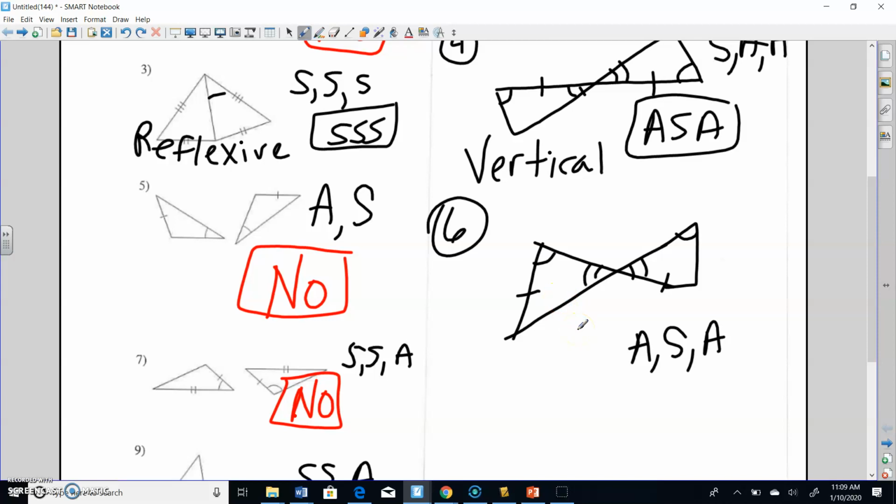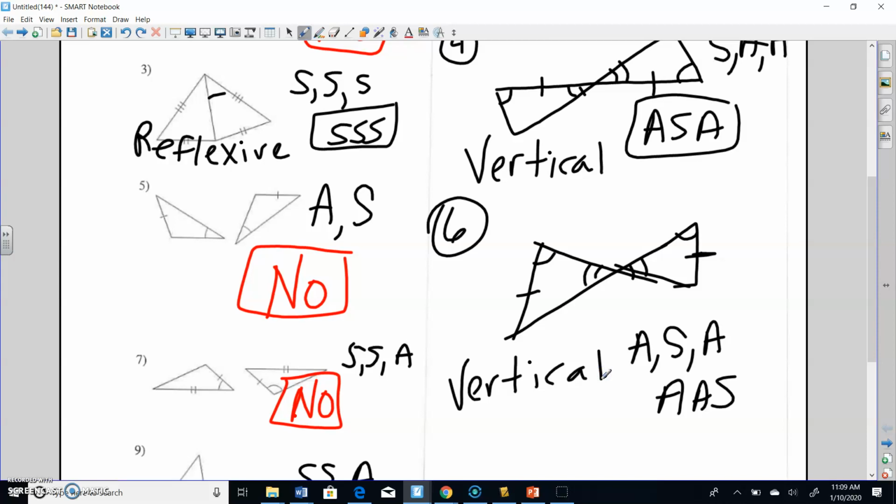So in that case it would not be angle angle side. But because it is that side, the corresponding side as this one, then we can say angle angle side. And I forgot to put vertical out here, didn't I?